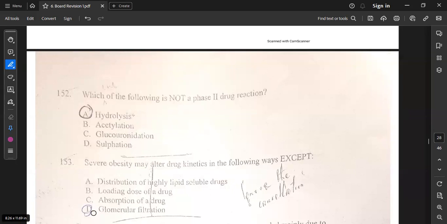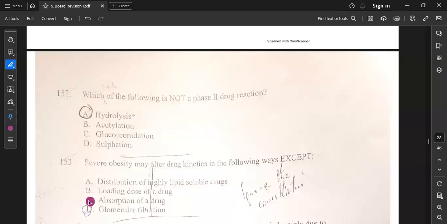Are there really changes in GIT motility in obesity? Someone has shared something in the group. Okay, and absorption is the correct choice, that it's not affected by obesity.